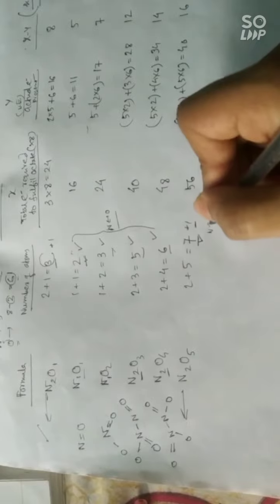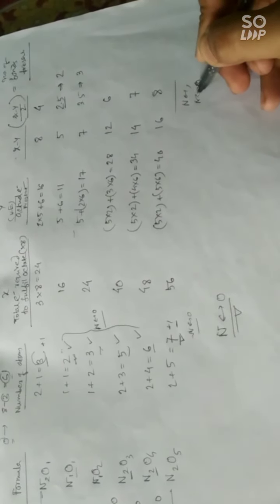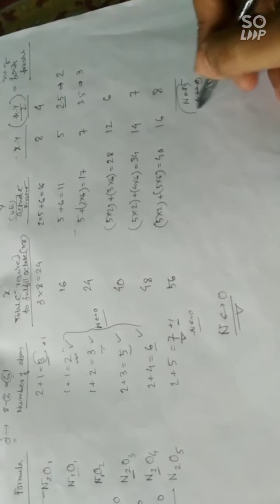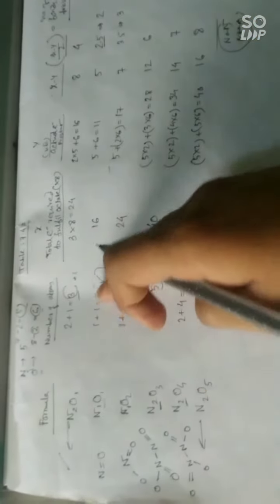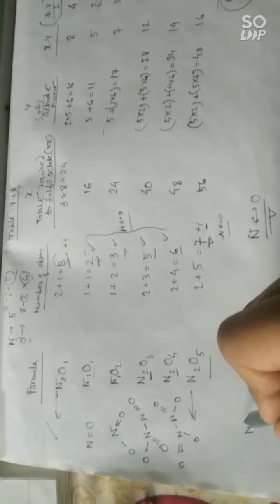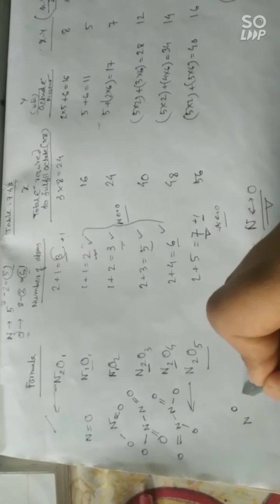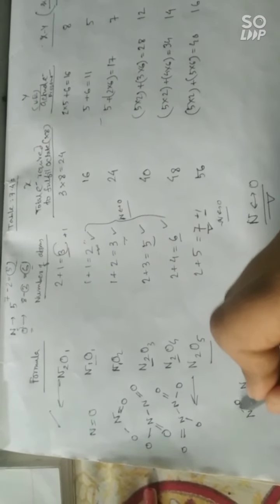This is your bonds between N and O. In N2O5 there are 2 N's, but you won't write NN because there is one more NO bond. So an intermediate N has to be present there. So N, 2 bonds are done.